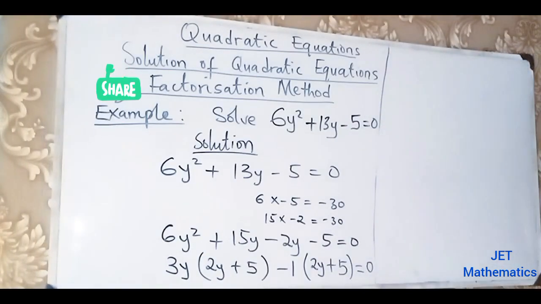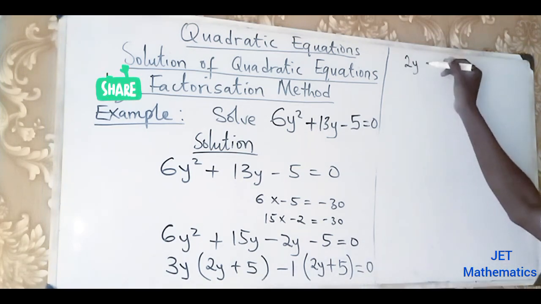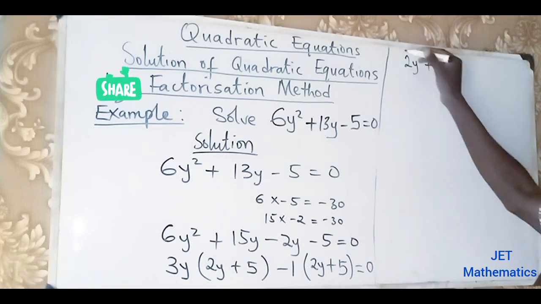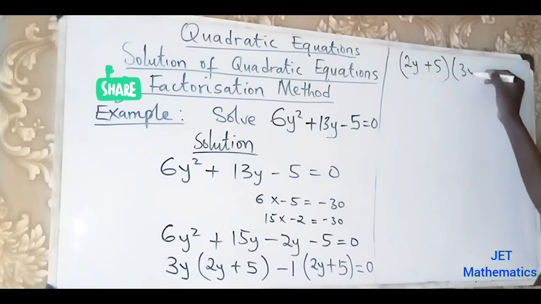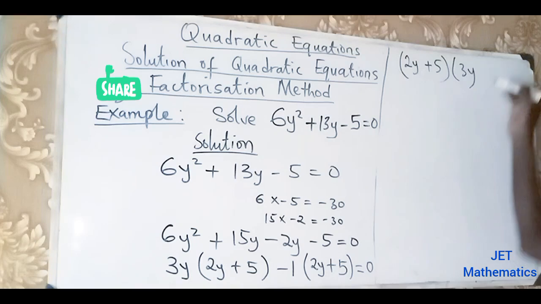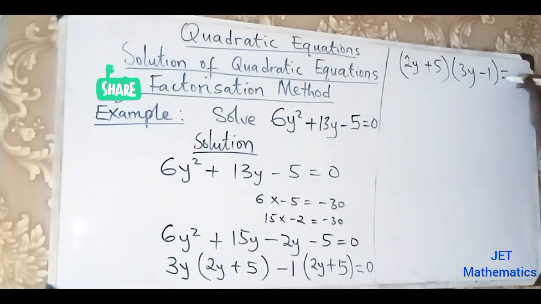And then, when we factorize further, 2y plus 5 is common to both terms here. So you have 2y plus 5, and then we are left with 3y and minus 1, equals 0.